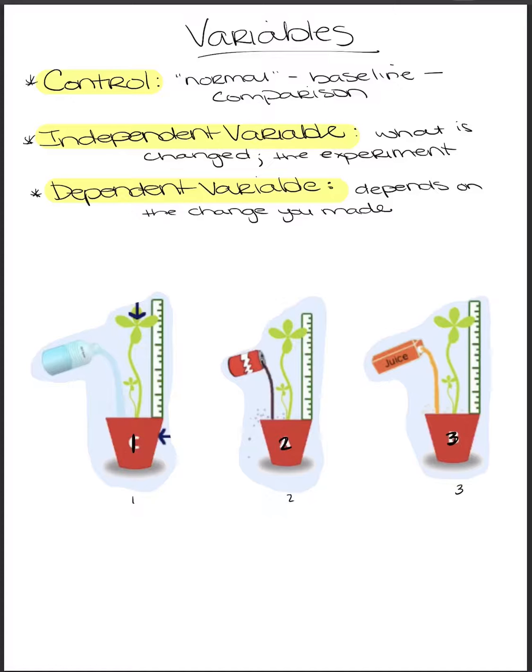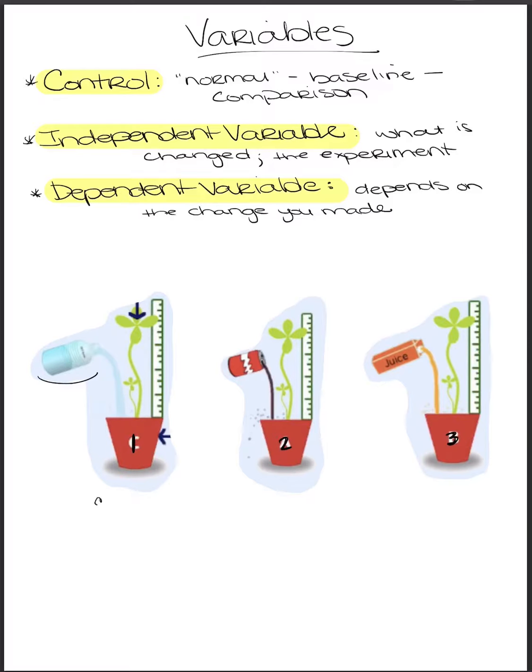Fixed. So in pot 1, that one is growing a plant. Normally, it has a pot, it's got the plant in it, it's got a ruler because they're trying to see how tall it grows, and they are watering the plant with water.